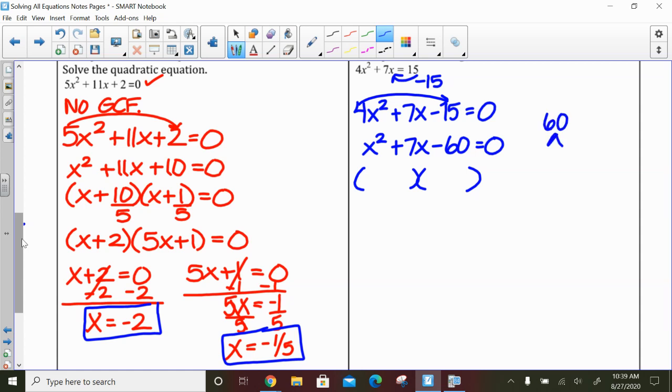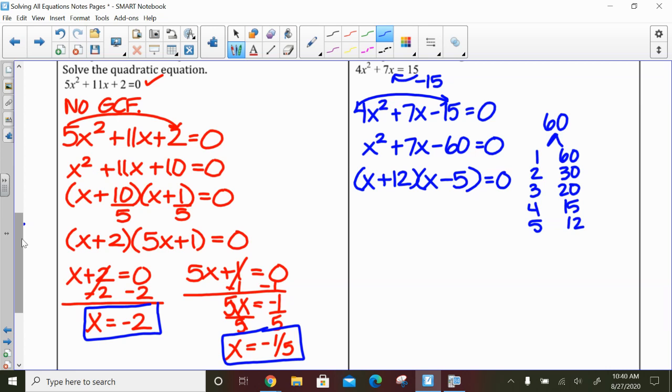You can make your list over here. 1 and 60, 2 and 30, 3 and 20, 4 and 15, 5 and 12. I'm going to be using 5 and 12 because I need to subtract to get a positive 7. So x plus 12 and x minus 5 will give me that positive 7.